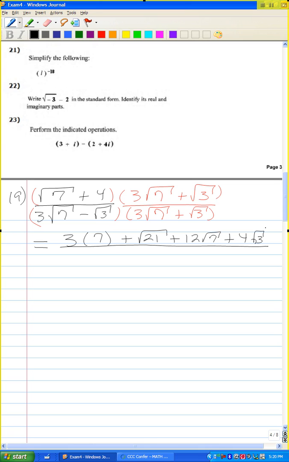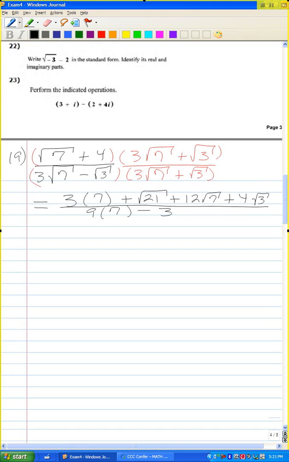By the special product formula, the product of the sum and difference of two terms is the difference of their squares. 3 times 3 is 9. Radical 7 times radical 7 is 7. Positive times negative is negative. Radical 3 times radical 3 is 3.